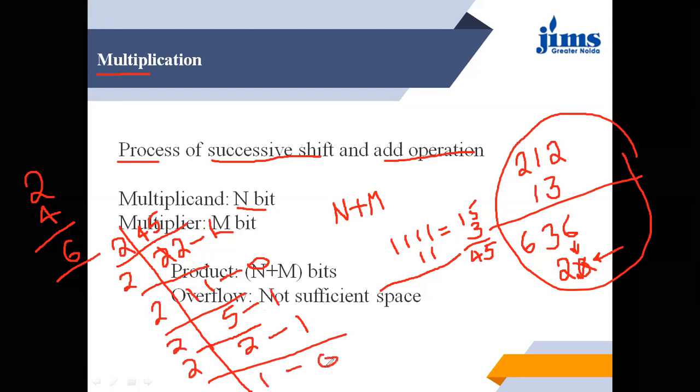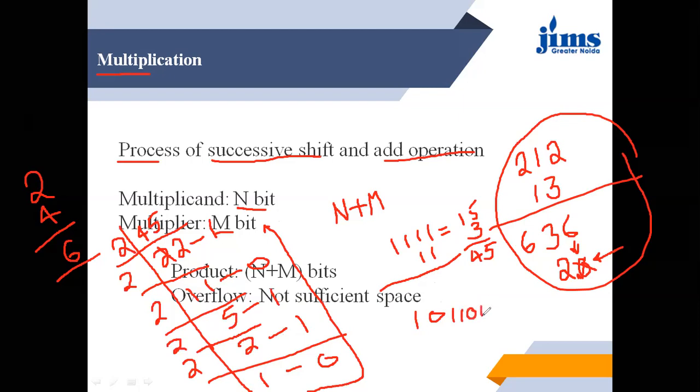So if we have to write the binary equivalent of this, then we have to read the remainders like this, and this is 1 0 1 1 0 1.